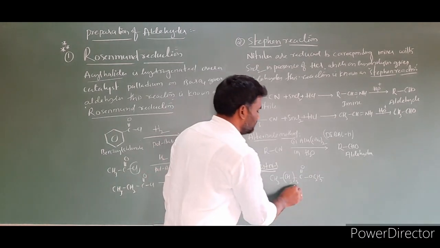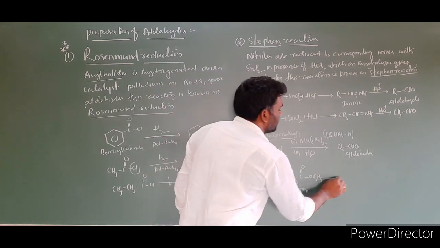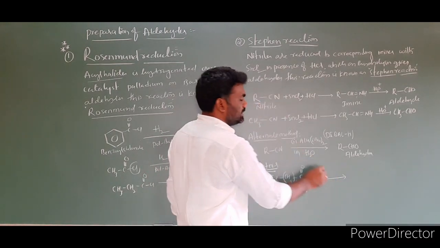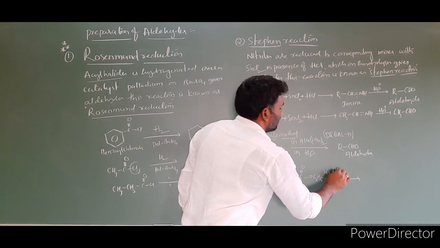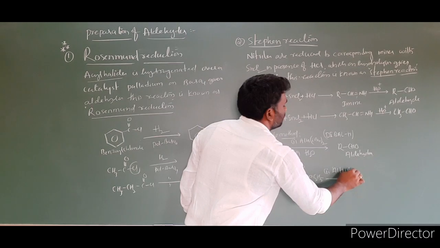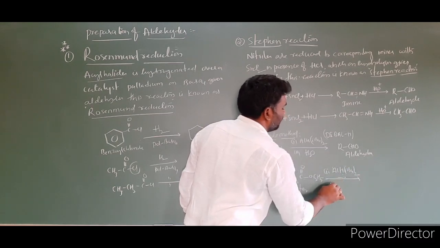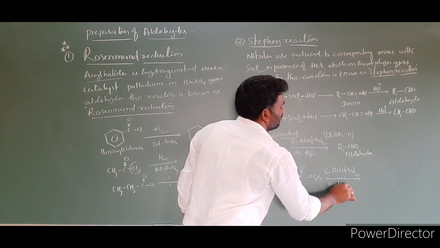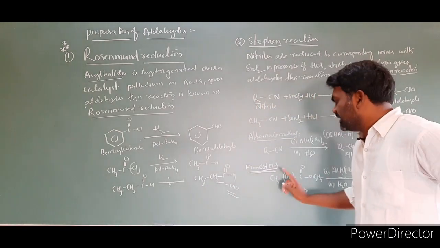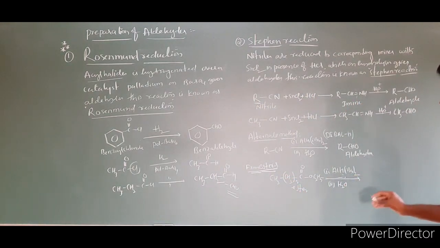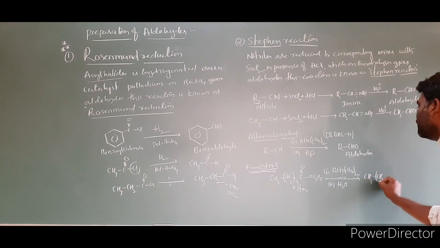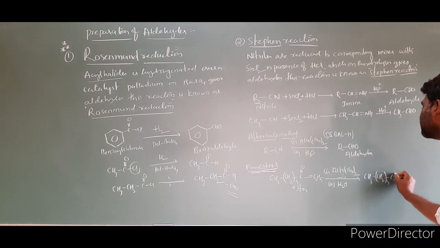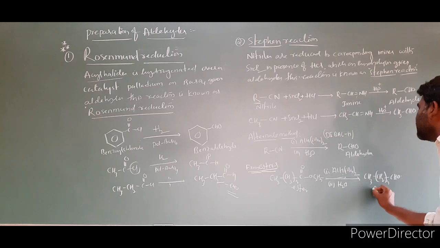This ester I am treating with the reagent AlH(iBu)2, followed by hydrolysis. From this ester, the product is CH3 (CH2)9 CHO. This is an aldehyde.